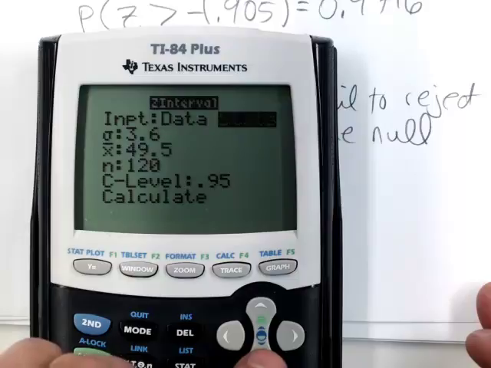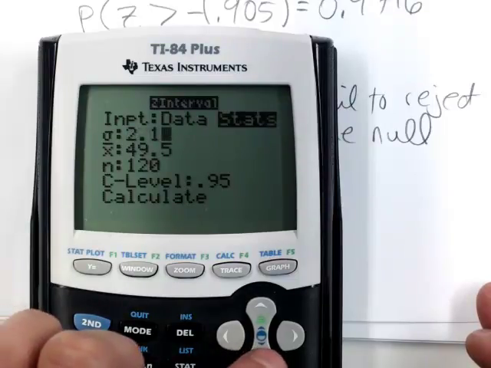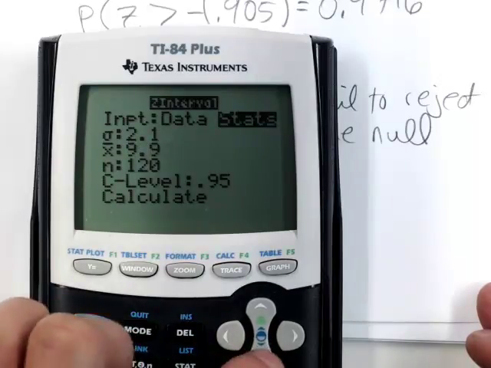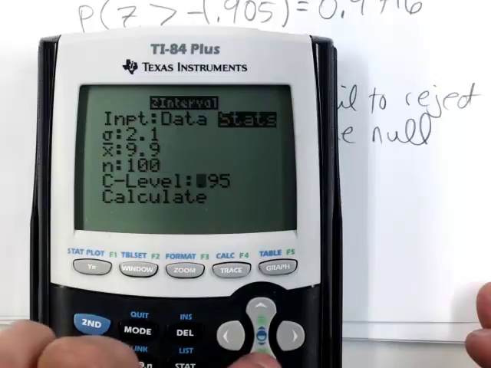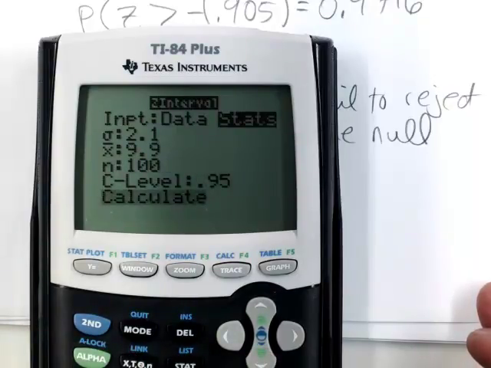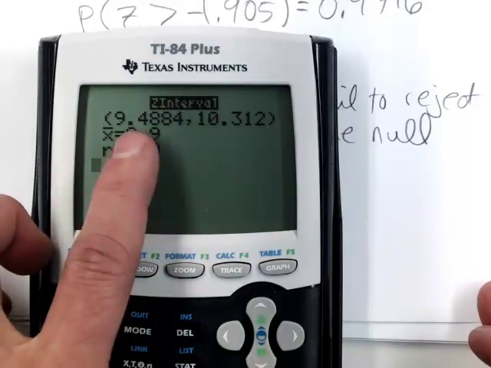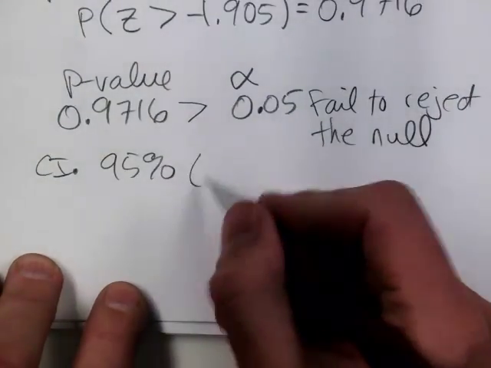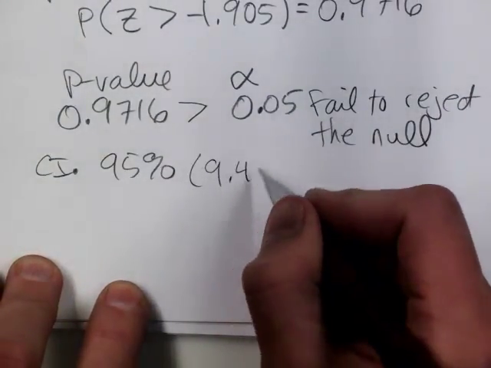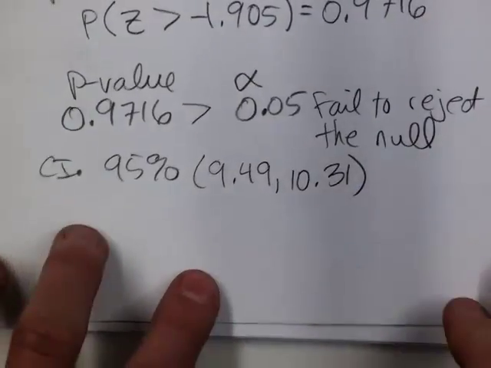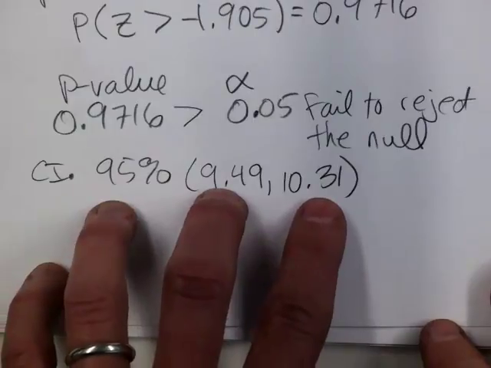And I have the summary statistics, so I'm going to go ahead and put in the information. Okay, and the confidence interval looks good. Our confidence interval goes from about 9.49 up to 10.31.